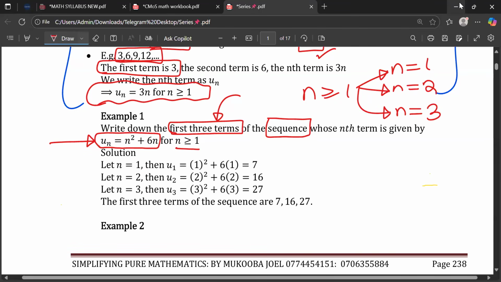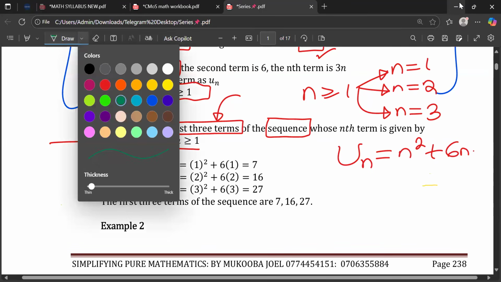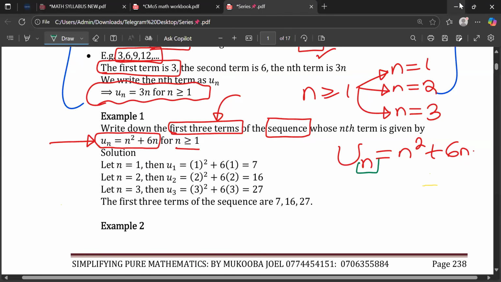You get? Now, since the formula we are substituting in is n squared plus 6n, as you're getting the first term, but I'll teach you this. I just want us to follow the book critically. So as they are telling you to get the first term, you put 1 here, you also put 1 there, and put 1 here.